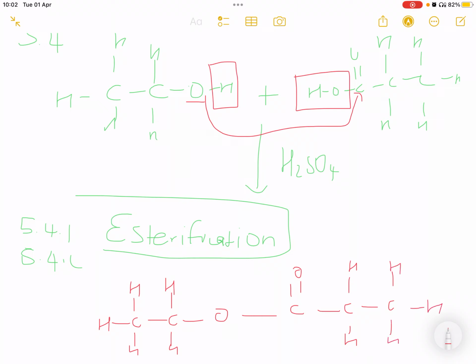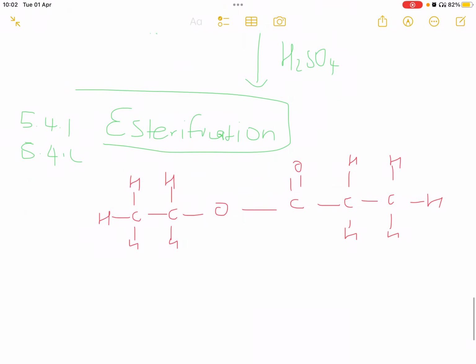And there we have our ester. They did not ask for the ester's name, but if you have to name this one, this is ethyl propanoate. The ethyl group comes from the side that's coming from the alcohol, and the OH group comes from this side.